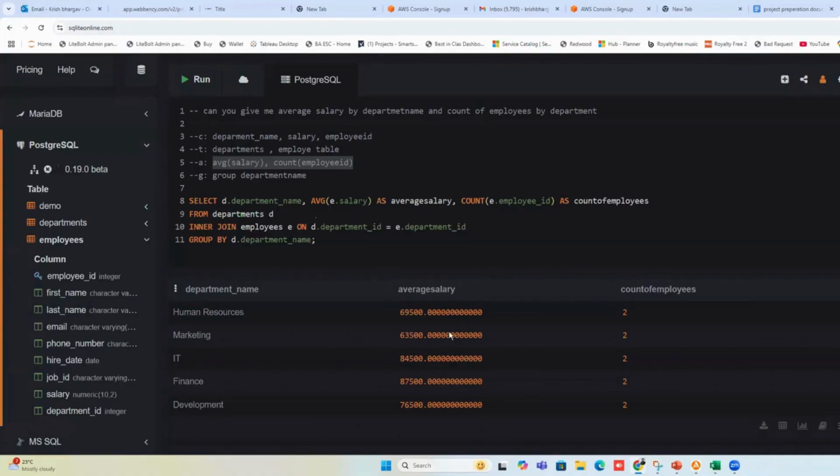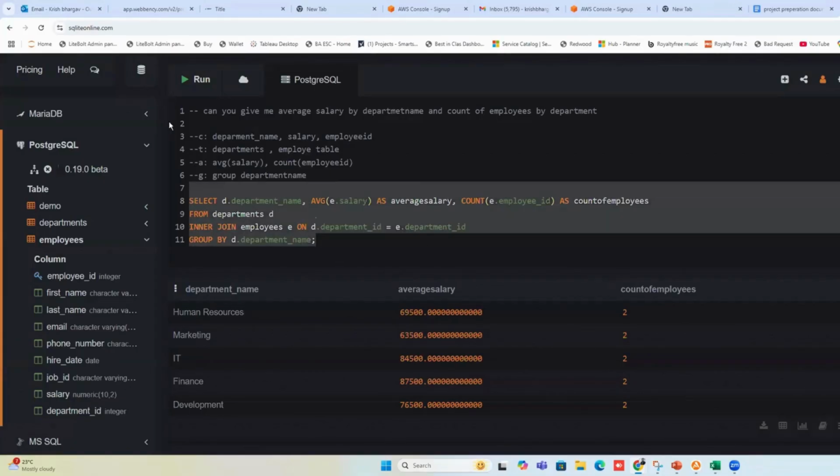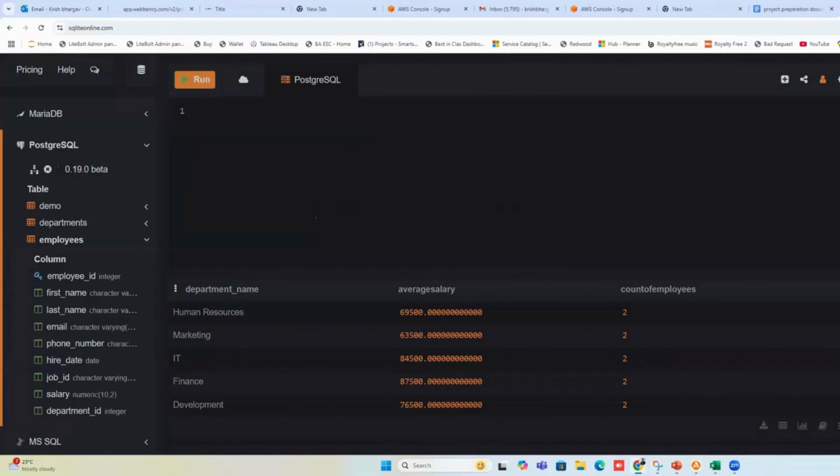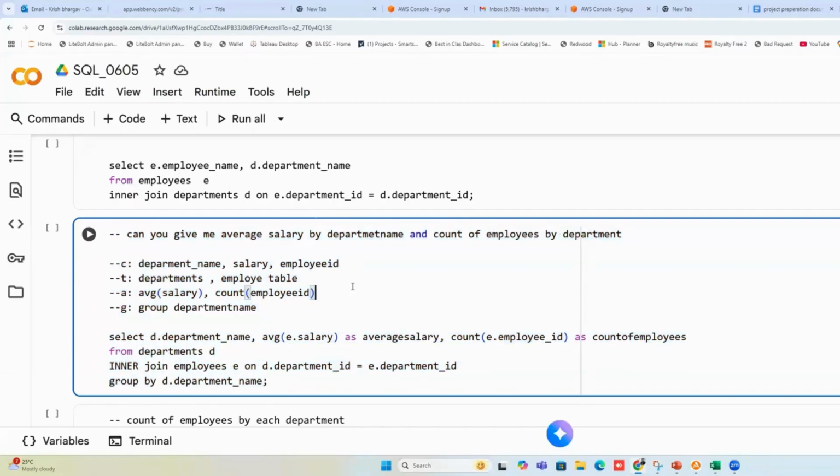I got the department name, the average salary and the count of employees. Got it? Yes, sir. Easy peasy. So this can also be an interview question up to 7 years experience.